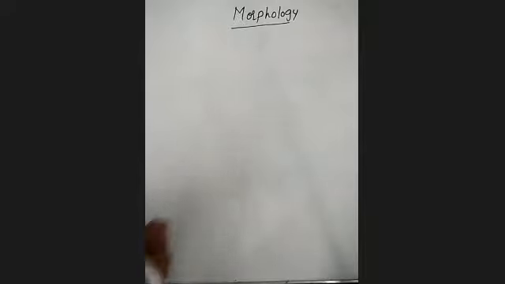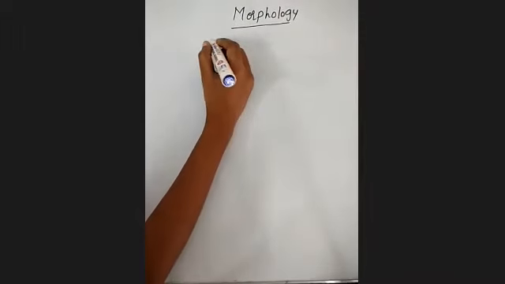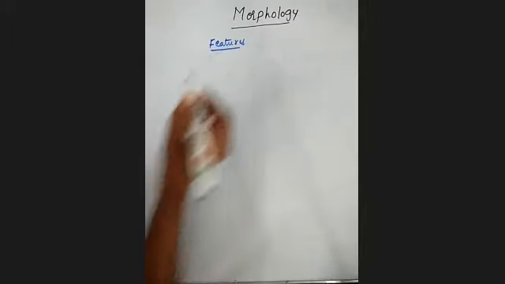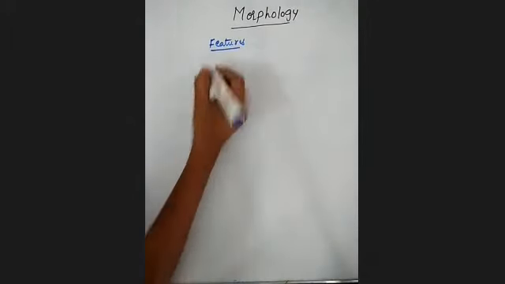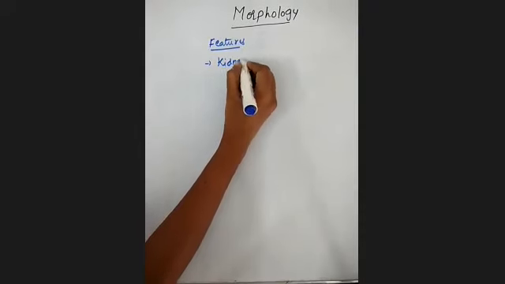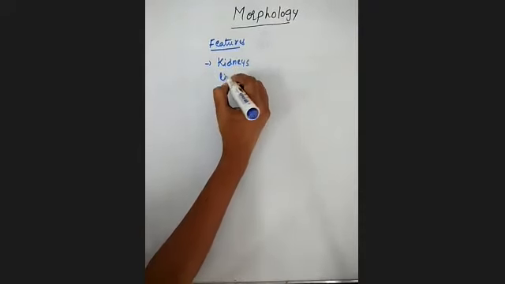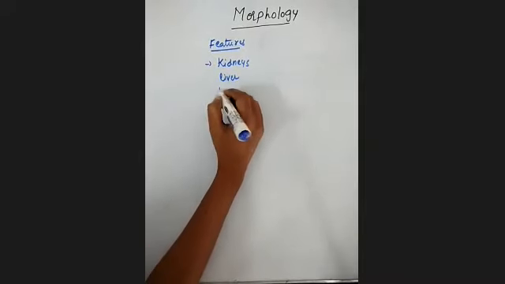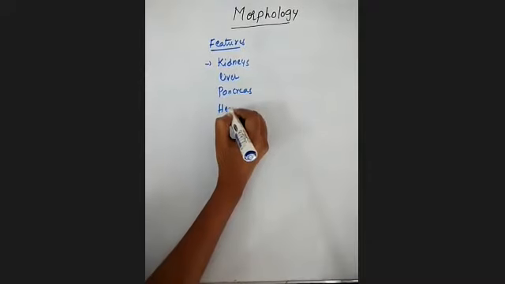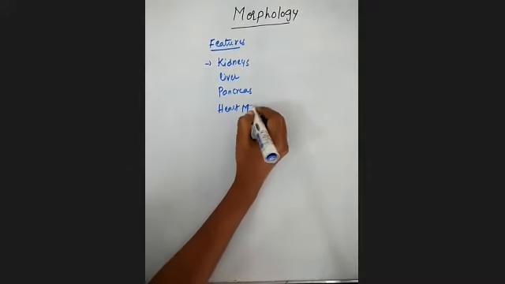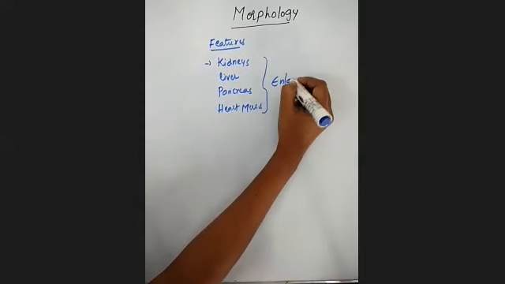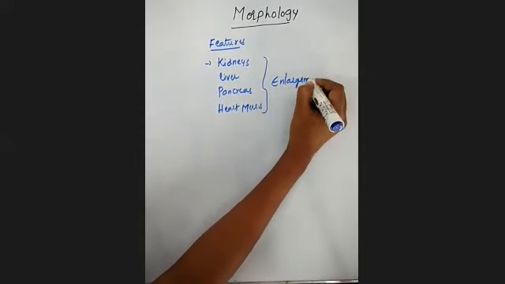Suppose there is a hydropic change, what are the main morphological features you are going to observe? First one is in some organs, like the kidneys, liver, pancreas, or the heart muscles, you are going to observe enlargement of these organs.